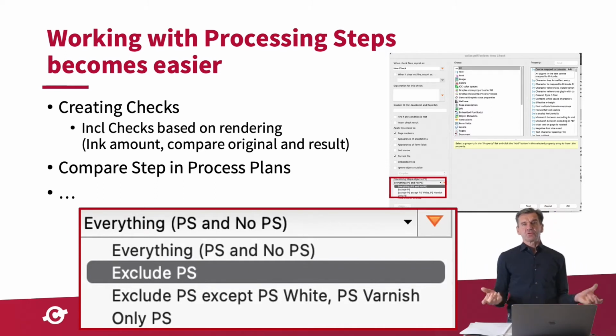You may want to compare two PDF pages and two PDF files, but you may say it doesn't really matter whether there is a difference on the processing steps layers, so I want to ignore them. Or you may say, I only want to compare objects that are on processing steps layers. All of that is possible by means of this pop-up here.